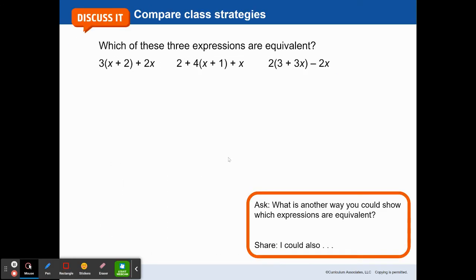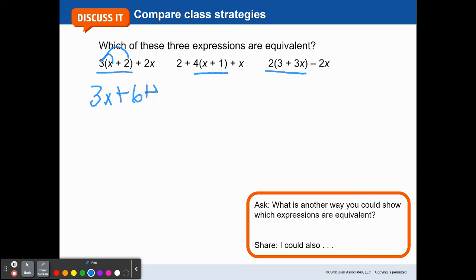All right, with this one, you want to decide if any of these expressions are equivalent. The first thing you have to do is simplify them. Anytime you see distributive property, this is distributive property, this is distributive property, this is distributive property, you have to get that taken care of when simplifying an expression to decide if they're equivalent. So I want to distribute the 3 to each term. 3 times x is 3x, plus 3 times 2 is 6, plus 2x.